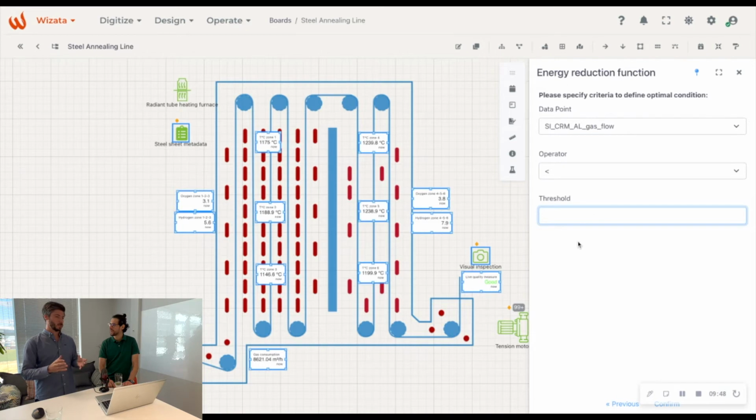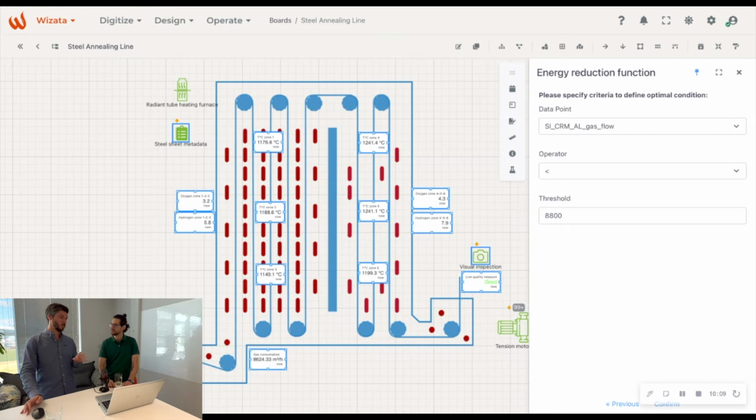We look at the distribution of gas consumption, and we try to place a threshold in a place that makes sense. We cannot put it too low because it's rarely happening, and the algorithm cannot learn from that because it doesn't see a lot of occurrences of these specific conditions.